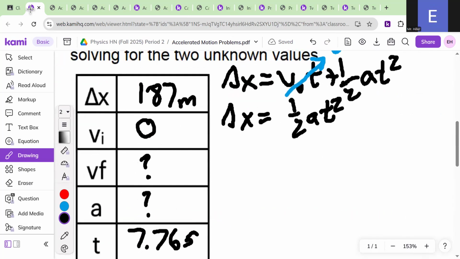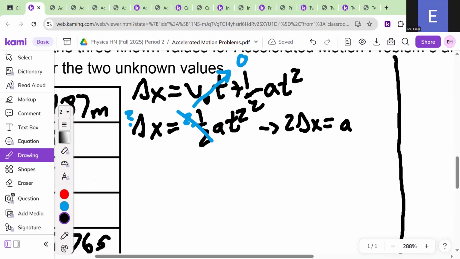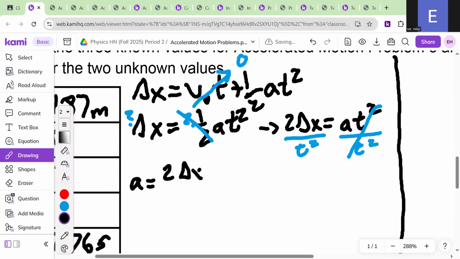Now, to solve this for A, I have to get rid of 1/2 and T squared. So I'll start by doubling both sides. And I get 2 times delta x equals AT squared. Well, now A is multiplied times T squared. So the opposite of multiplying by T squared would, of course, be divide by T squared. A would be equal to 2 times delta x over T squared.